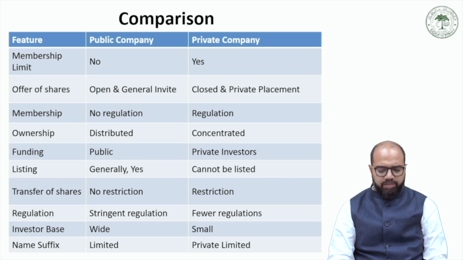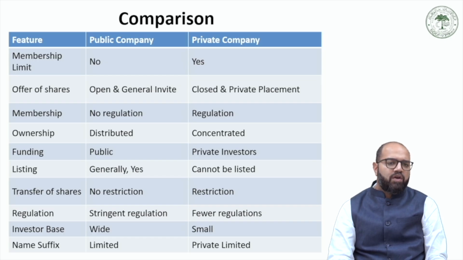So firstly, on the aspect of limit on membership, a public company does not prescribe any upper limit to the number of shareholders or members it can have, whereas such a limit is present in case of a private company, which restricts the total number of shareholders to 200.